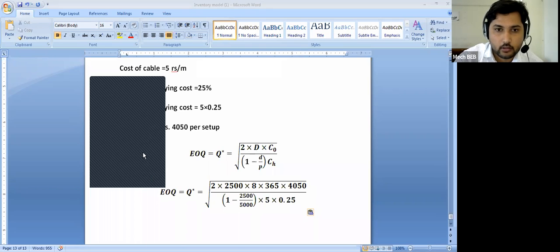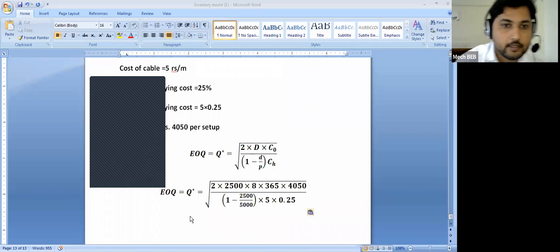Divide this by 5, then divide by 1 minus 0.5, that is divide by 0.5, and take the square root.